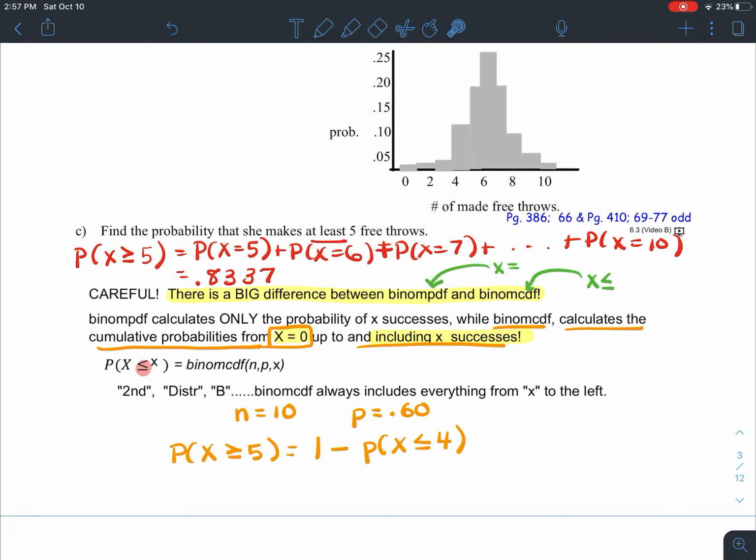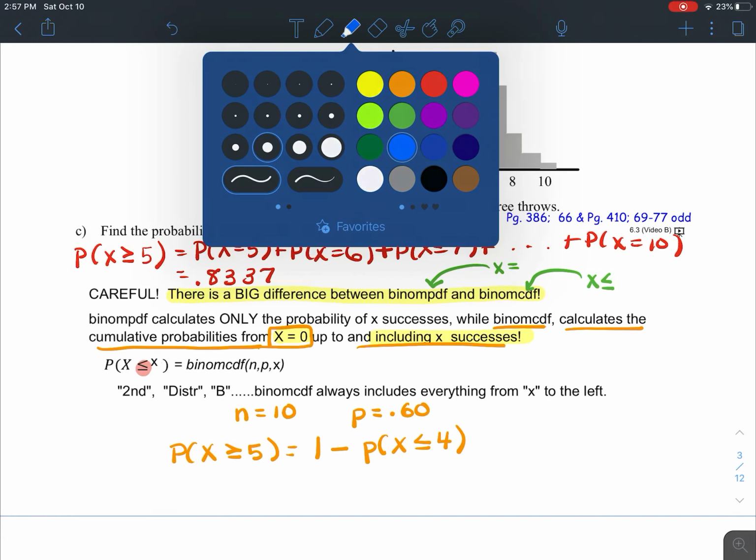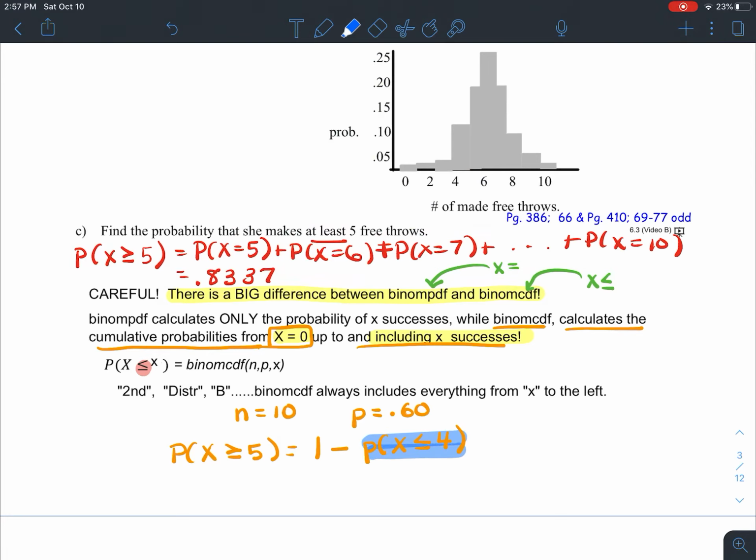If we were to do that, that would leave us with everything that is greater than or equal to 5. Now thinking through this feature right here, see how that's a less than or equal to? That is where I could replace that with the binomial CDF. So I'm going to do binomial CDF.